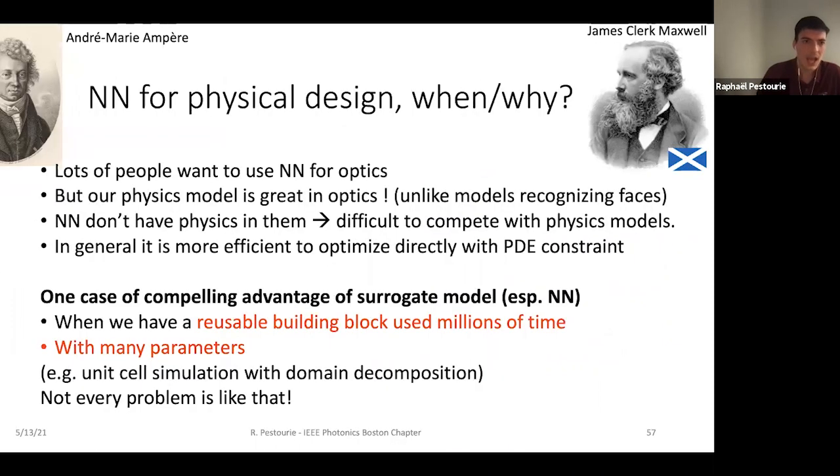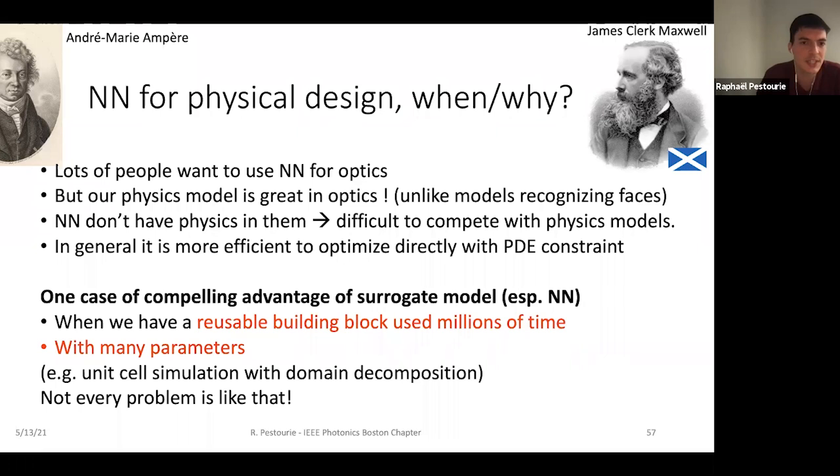I want to say a word of caution. Here are two pictures of two people who worked really hard on the physics model. There is James Clerk Maxwell, who is Scottish, and I felt obliged to also add a fellow Frenchman, André-Marie Ampère. There's some hype, with lots of people wanting to use neural networks in optics.